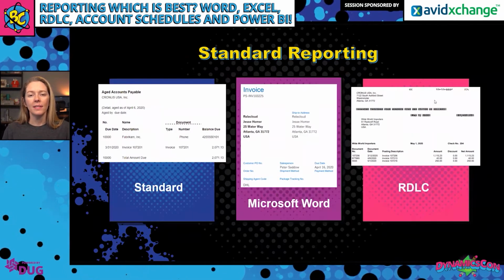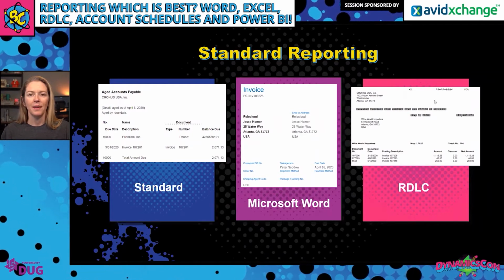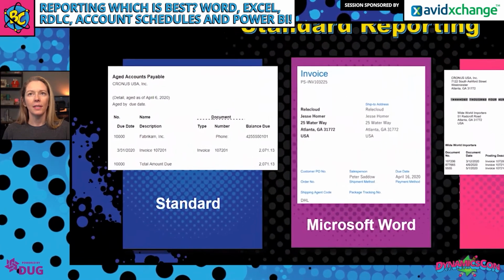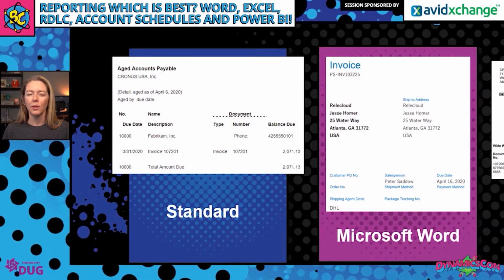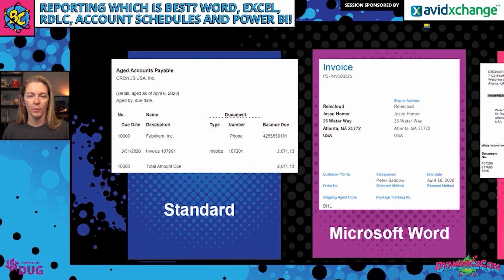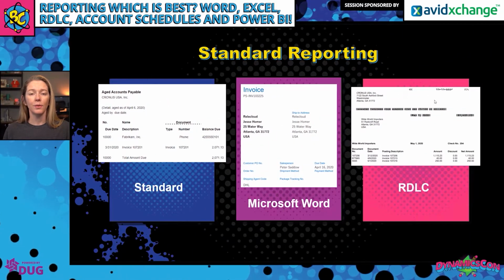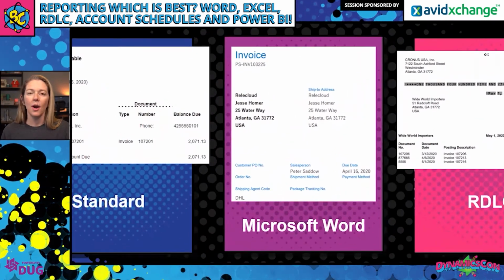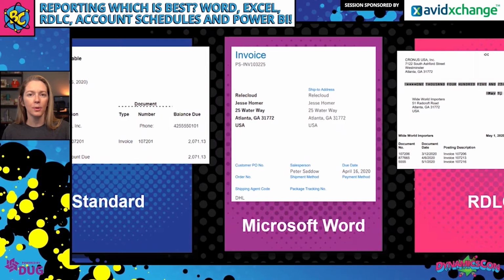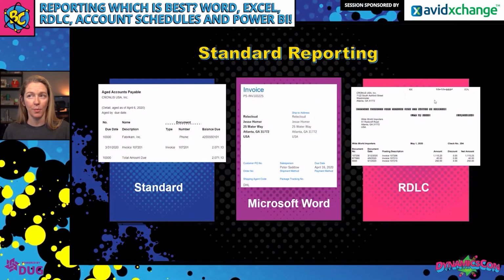This is what I call the standard reports in Business Central. These will usually be an RDLC report, which can be modified with what's called Report Builder. Then you'll have your Word reports, which are more of the invoice or purchase order formats, the type of things I call customer-facing reports.